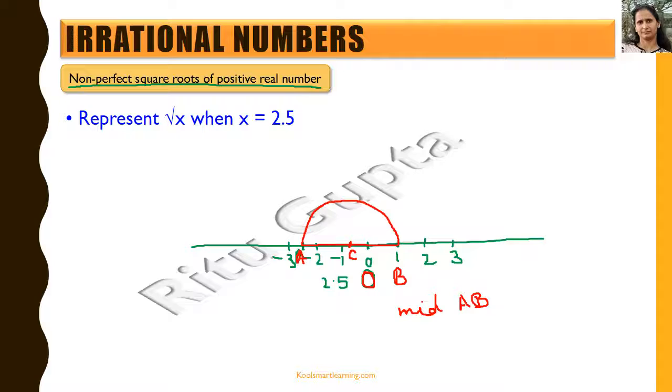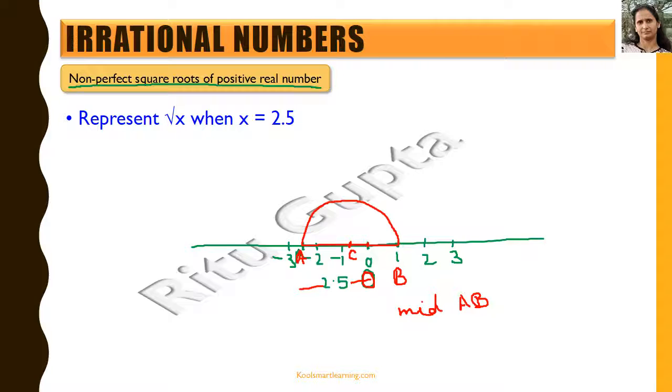Now we draw a line perpendicular to AB from the point O. This AO was 2.5.